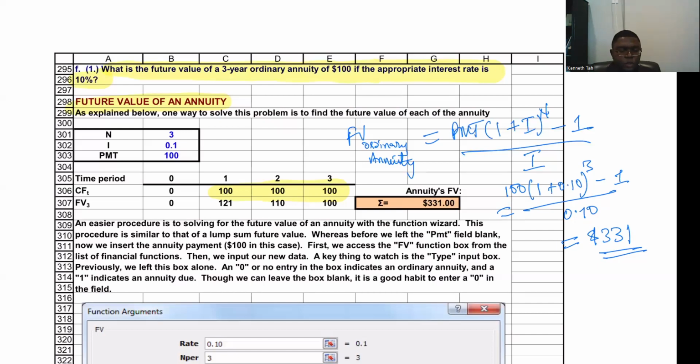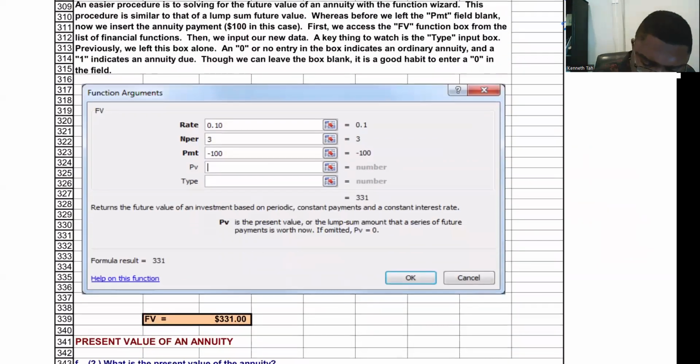We can also use Excel. If we are using Excel, it's the same as before, except that we now have payment. So we type equal future value. It will ask for I, for N, for payment, and for present value.